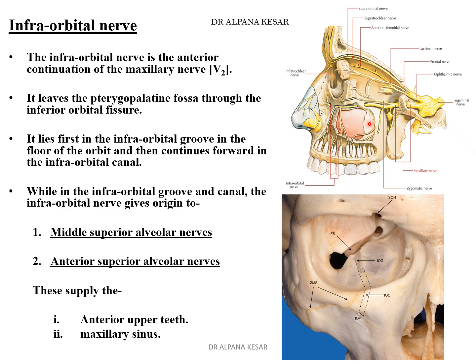And it also supplies maxillary air sinus. Anterior superior alveolar nerve supplies incisors and canines, while middle superior alveolar nerve supplies premolars.